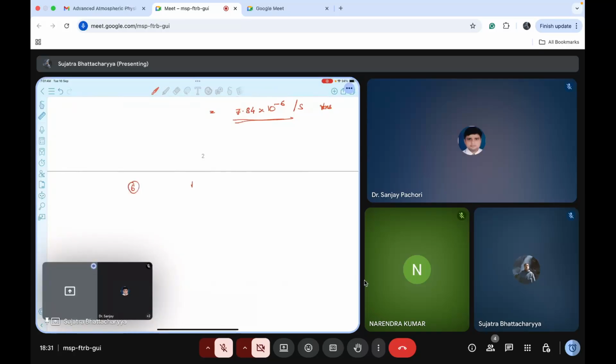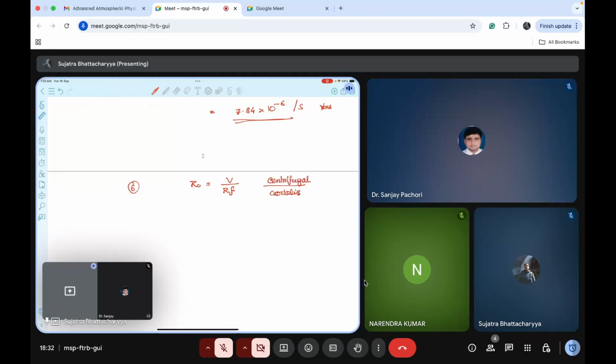So Rossby number, what is the definition of Rossby number? It was V upon RF. That was the definition of Rossby number. Right. So your f is the Coriolis and this V by R. So it's just like it comes from centrifugal to Coriolis.